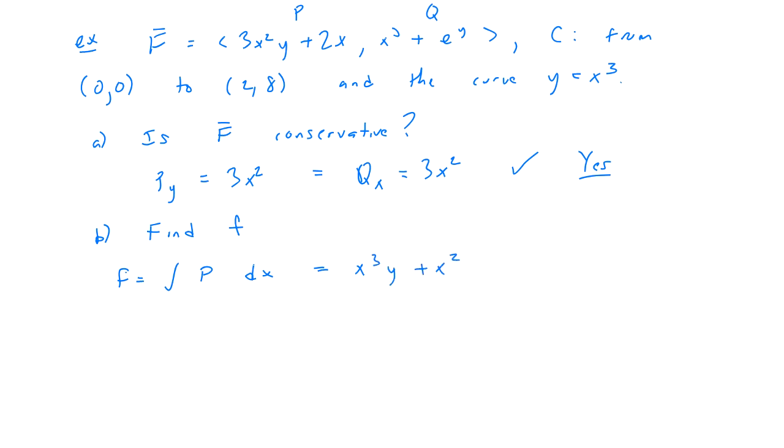But since this is the antiderivative with respect to x, I might be missing a function of y. Well, f is also equal to the antiderivative of Q with respect to y, which is x cubed y plus e to the y. And I might be missing a function of x.